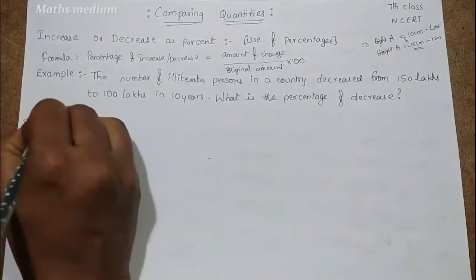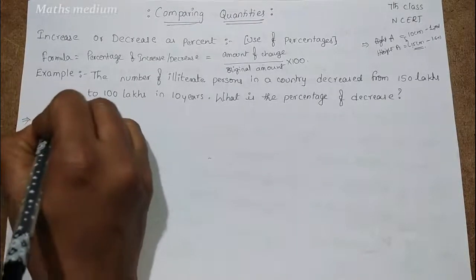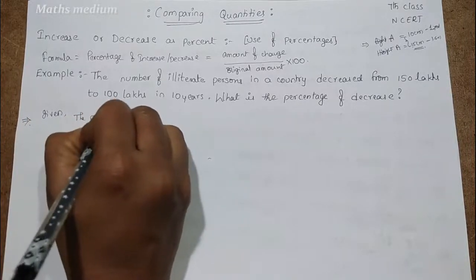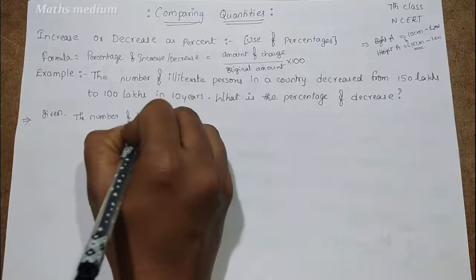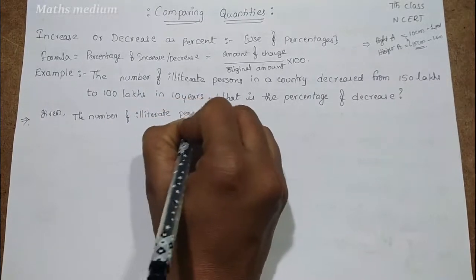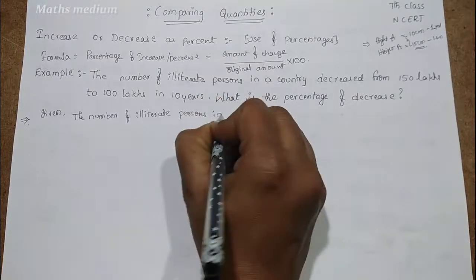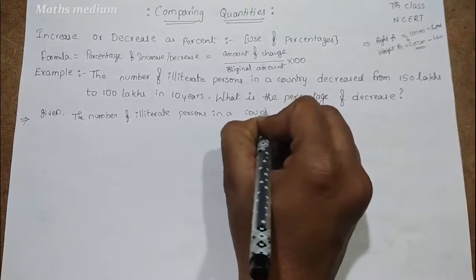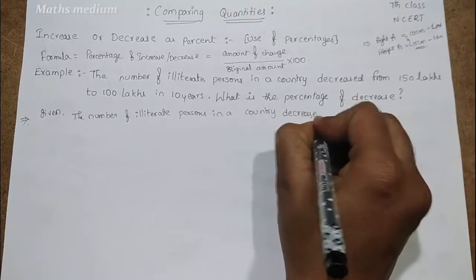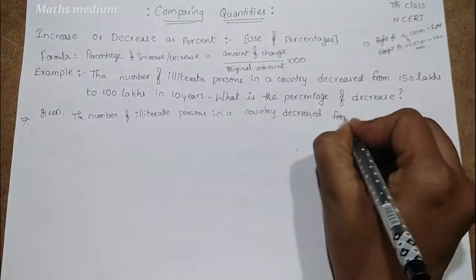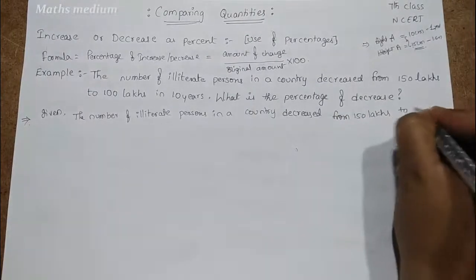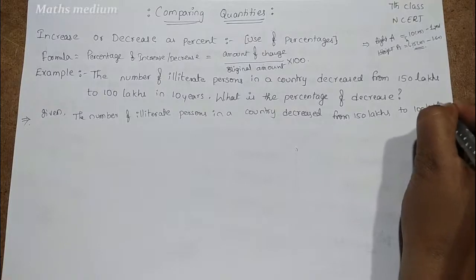So the answer is, given: the number of illiterate persons in a country decreased from 150 lakhs to 100 lakhs.